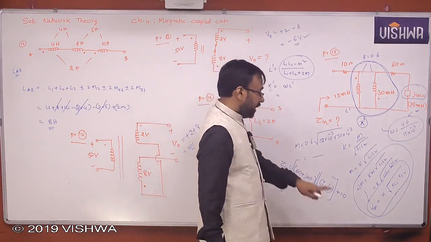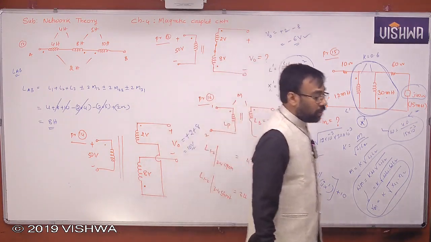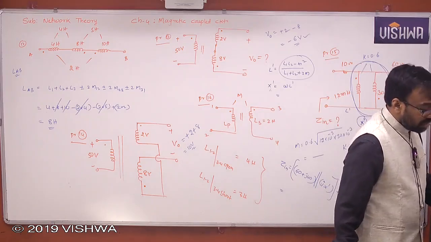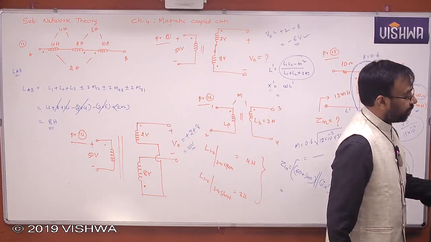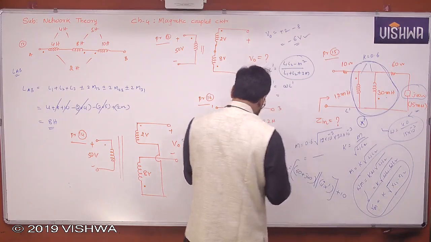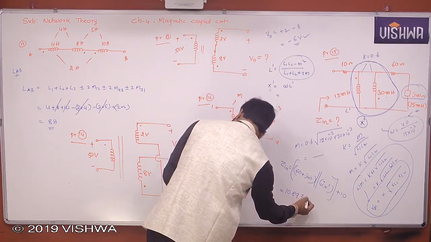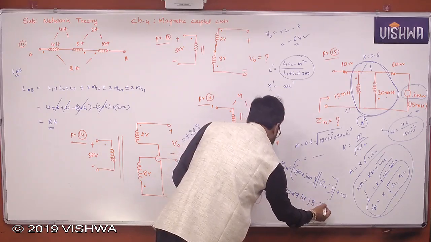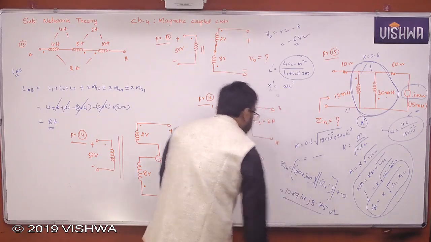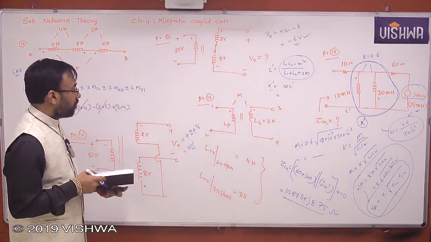Only thing you have to find is X dash here. I'll give you the answer. Please check once. The answer which I got here is 10.893 plus j8.75 ohm. Please cross check once.